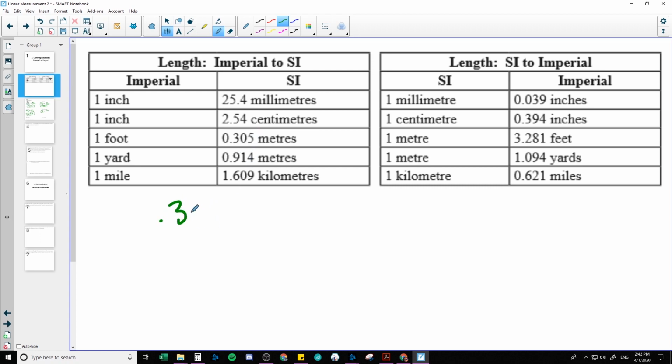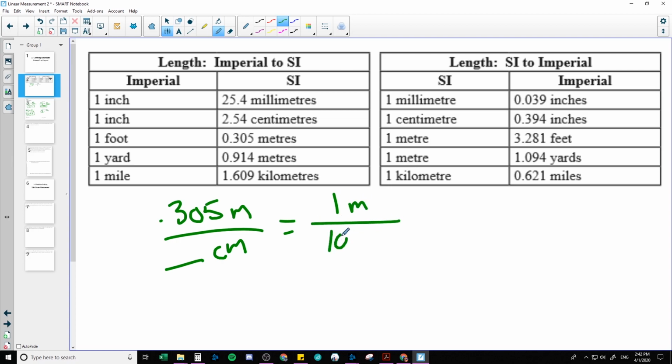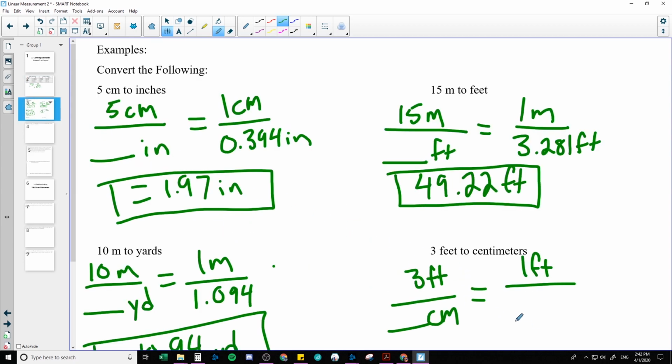So 0.305 meters over how many centimeters equals 1 meter over, we know there are 100 centimeters in a meter. Okay, 0.305 times 100 is 30.5, divided by that 1, 30.5 centimeters. All right, so let's go back over here. So there are 30.5 centimeters in a foot.